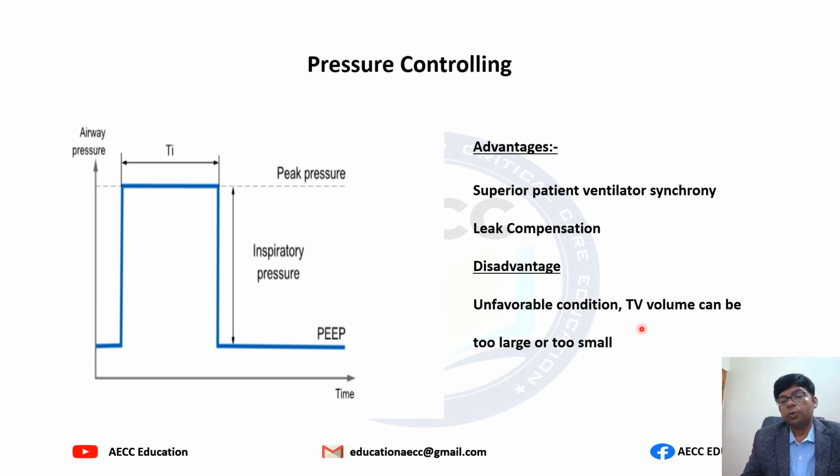Hence, the tidal volume can be too large, and that too large tidal volume can cause lung injury. So this is unfavorable for a stiff lung. Hence, we have to keep the safety alarm whenever you put the patient on the pressure control mode in case of the stiff lung, in case of ARDS patients.